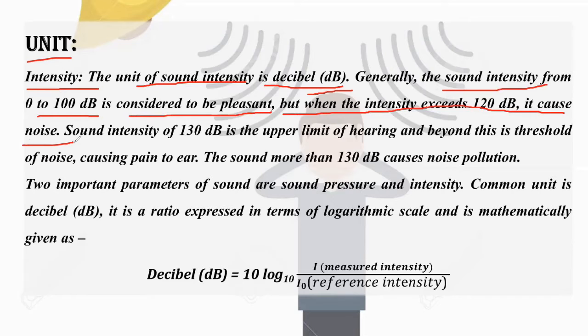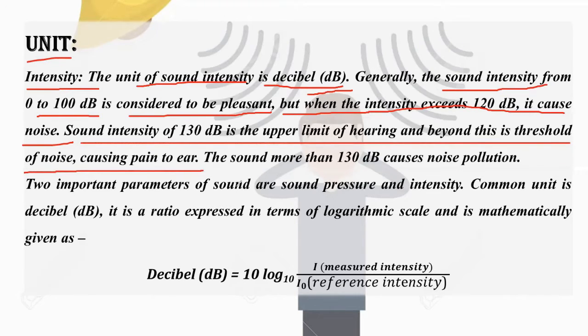Remember it very well, that 0 to 100 decibel sound is good, pleasant for all of us, but when it is 120 decibel or more, then it is considered to be noise. 120 decibel is the extreme limit; more than that, it is considered noise. Sound intensity of 130 decibel is the upper limit of hearing, and beyond this is the threshold of noise causing pain to the ear. Now if you are hearing a 130 decibel sound, then be very careful.